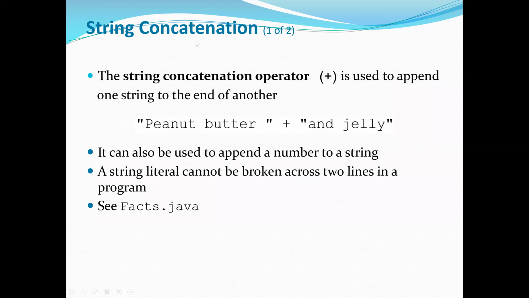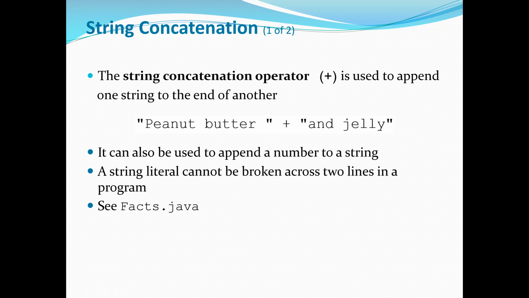So again, that's the difference between print and println. Now, string concatenation means joining 2 strings together. In Java, we can use the plus operator to join 2 strings together. A very simple example: if we have a value on the left side of the plus sign and on the right side of the plus sign, then it's going to add the 2 numbers. It's going to perform an addition operation.